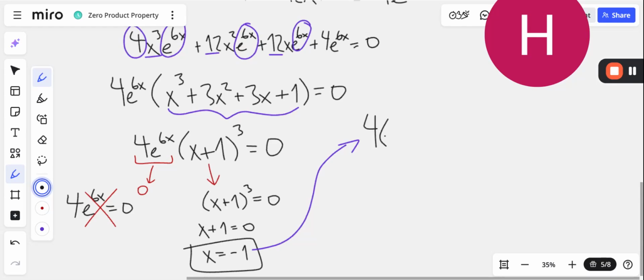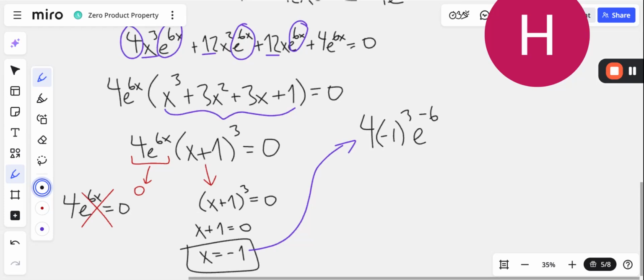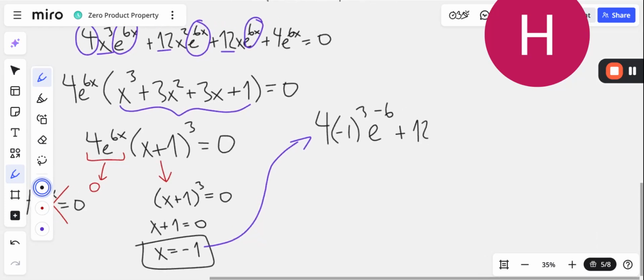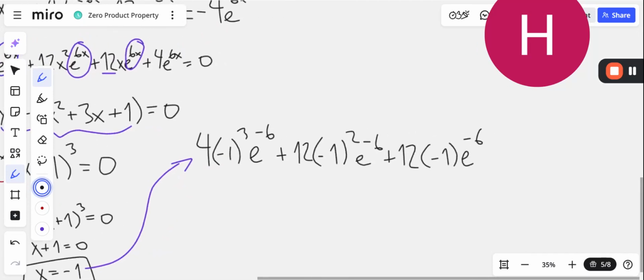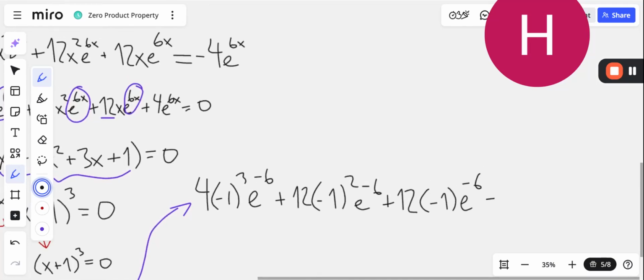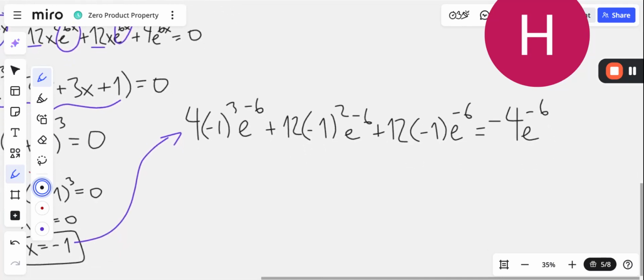But let's see, we have 4 times negative 1 cubed times e to the negative 6, plus 12 times negative 1 squared times e to the negative 6, plus 12 times just negative 1 times e to the negative 6. And we can see on the original equation if that's equal to negative 4e to the negative 6. Working out these exponents is not difficult since we're plugging in negative 1.